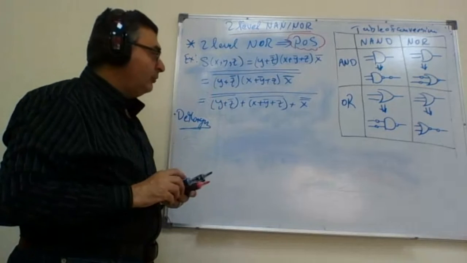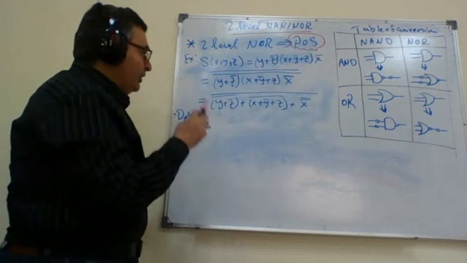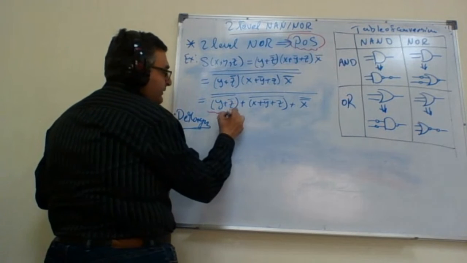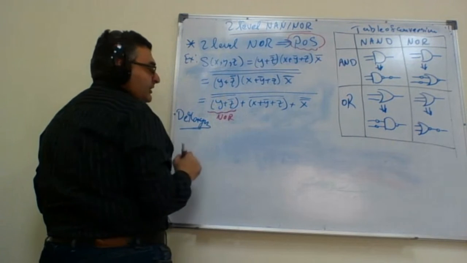So right now, can you see the two-level NOR? Yes, this is a NOR gate between Y and Z bar.